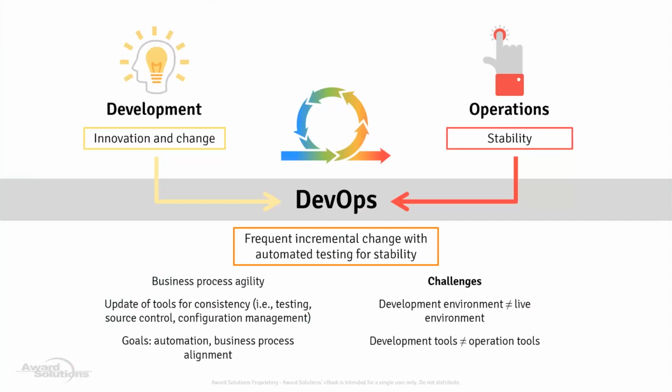But some of the challenges, a lot of times, are that the development environment and the live environment are different. Development tools and operational tools are different. And that's where something like Ansible can come in and help bridge that gap. So now we can have the same environment. We can do testing on one server, and then we can roll it out to all of the other servers.